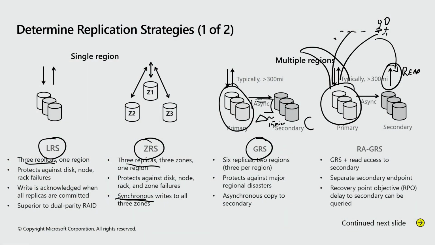And then there's the geo zone redundant storage without read access, GZRS, so geographic zone redundant, and then we get RAGZRS. So those are the 6 different types of storage that you can work with throughout the Azure storage account.